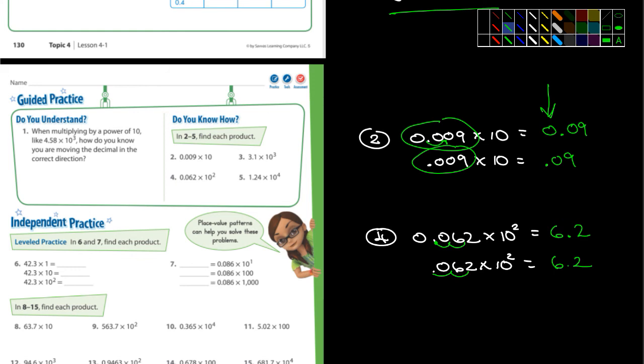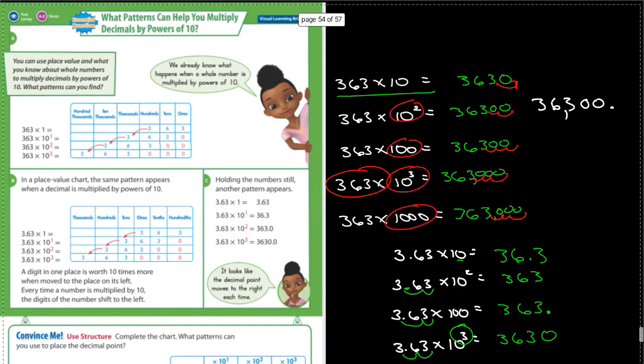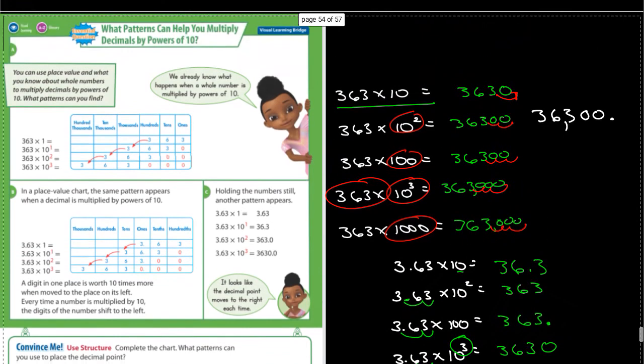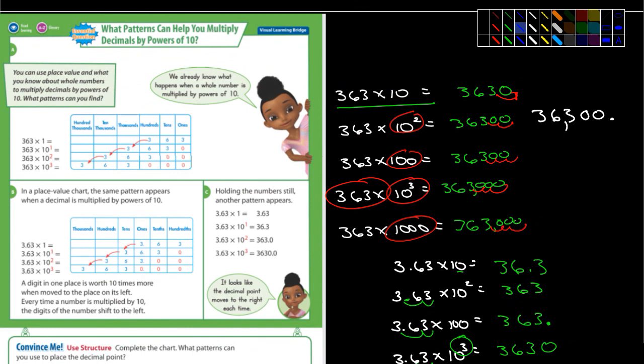All right, so let's look at the work they've given you really quick here. I think they kind of go the long way around the barn explaining some of these things. But so look, here's what they're showing you. 363 times 1, that's 363. And then 363 times 10 to the first, or times 10, you're adding a 0. See, the decimal was here. Now it's here. They've moved it over 1, and here they've moved it over 2, and here they've moved it over 3.